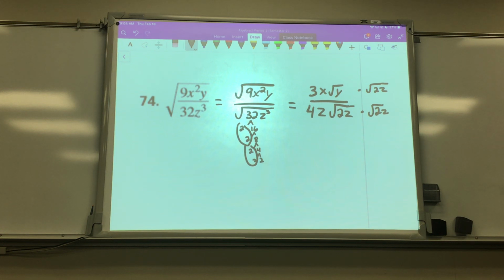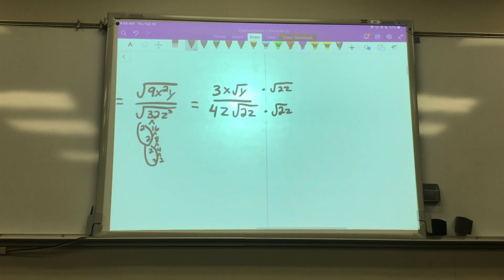I'm going to get the cube and fourth root, so we'll do one of those. Inside? Yep. Okay, because we didn't have any coefficients, right? So that 3x stays. And then 2zy, yep. Over 4z times 2z. Square root of 2z times square root of 2z is just 2z, correct?